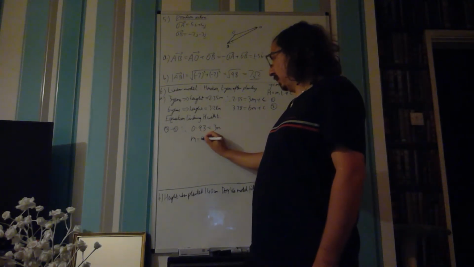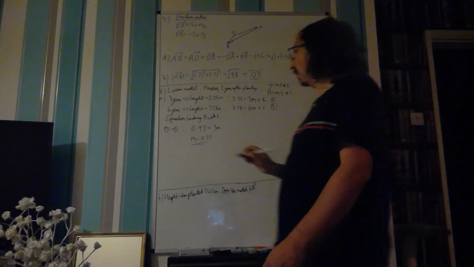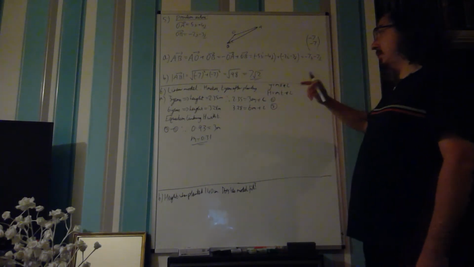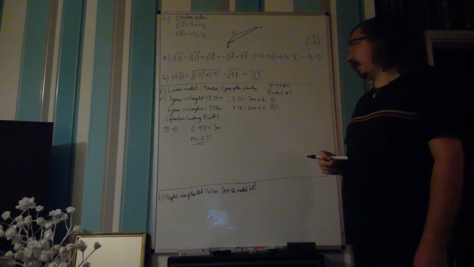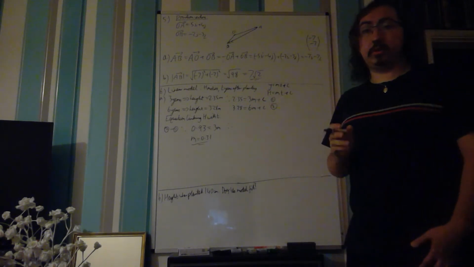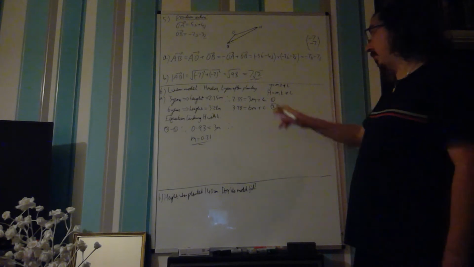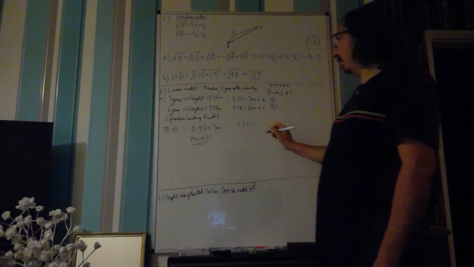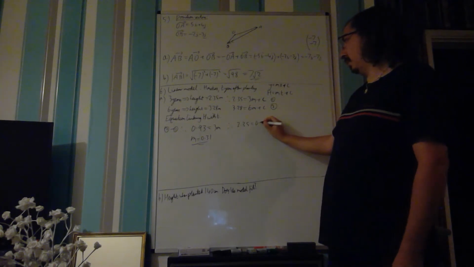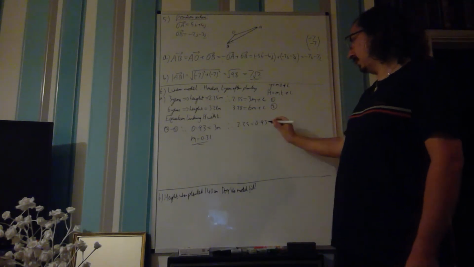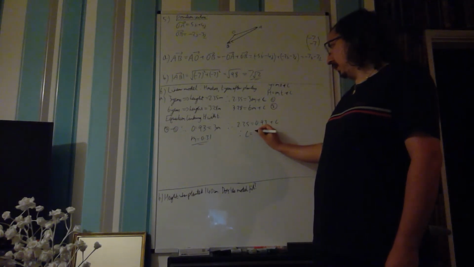So m is equal to 0.31. So that's our value for m. We now need to substitute this in to get a value for c. Doesn't matter which equation you use, but you can use the other one to check it. If I take the top one, for example, 2.35 is 3m, which, as we know, is 0.93, plus c. So c is 1.42.